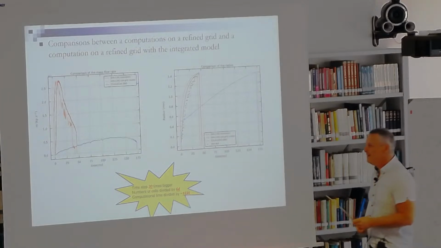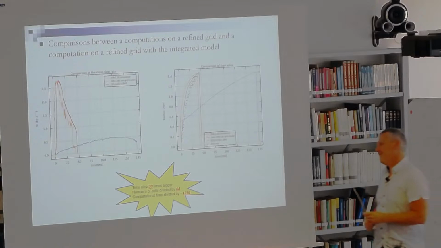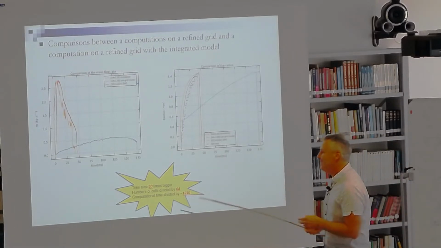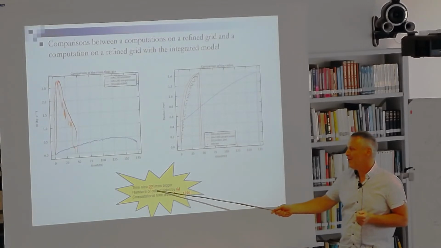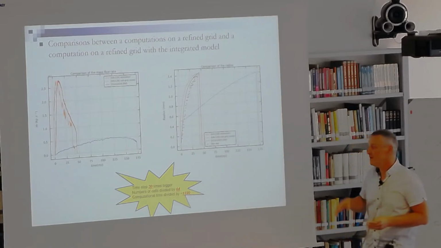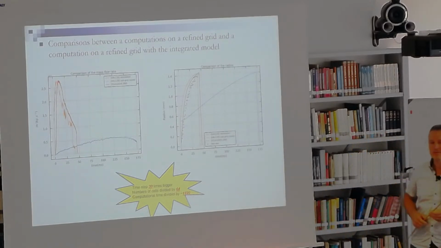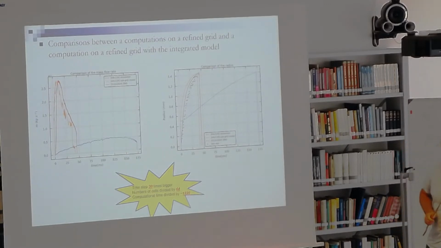Okay, so this is a kind of publicity that my student makes for his method. As the time step is 30 times bigger and the number of cells is divided by 64, the computational time is globally divided by 2000. So this is a huge progress in terms of computational times.